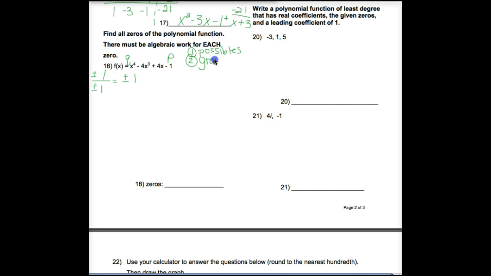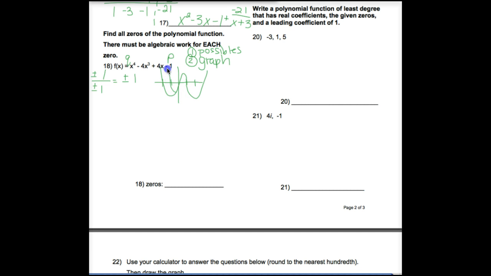After my possibles, I graph to see which of my possibles might be actuals. When I draw the graph here, and again, you don't need to change the window because you don't really care about anything except where it crosses the axis. And of course I drew it wrong because I'm very silly.